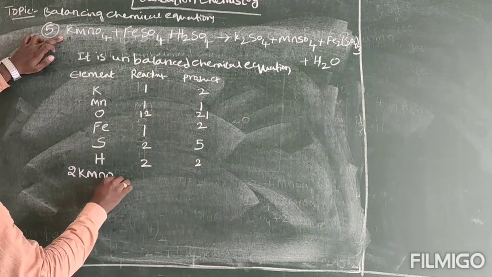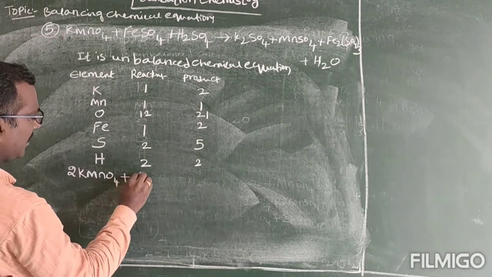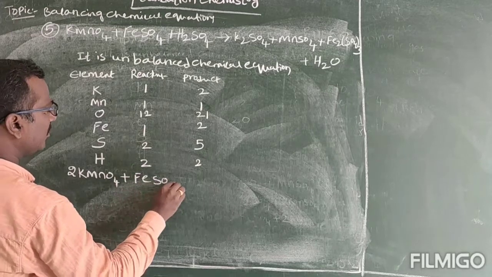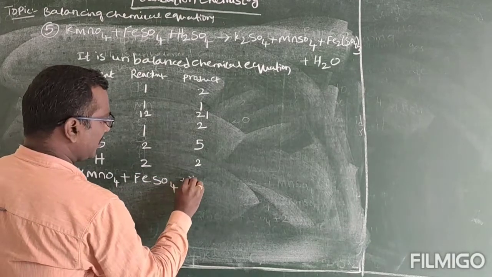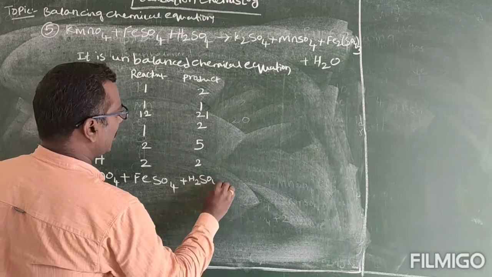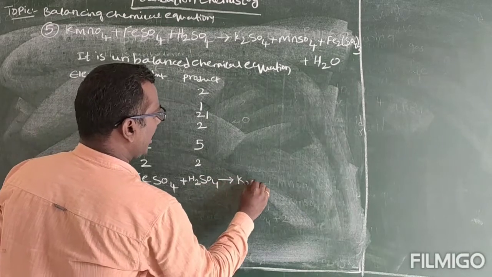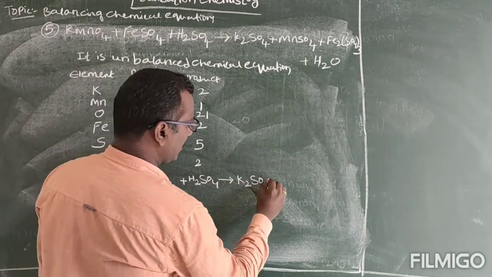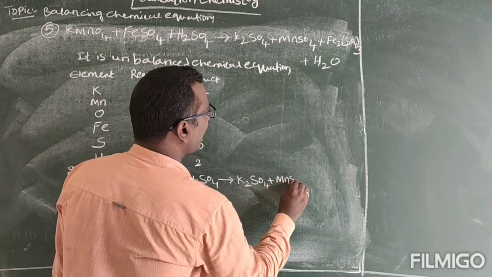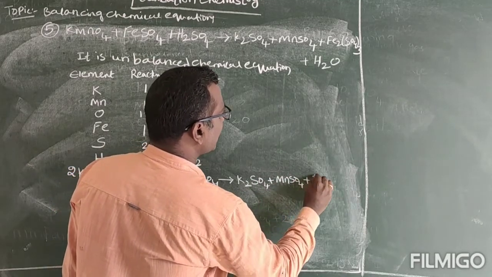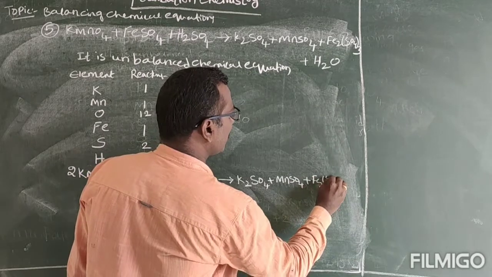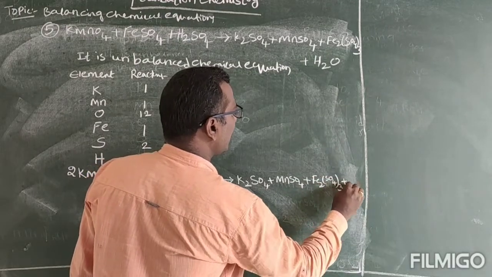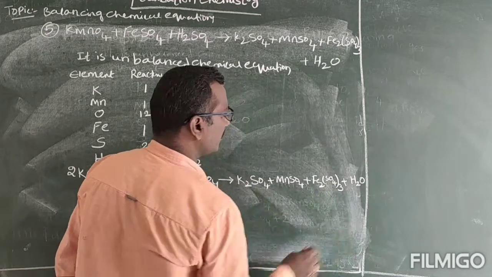2KMnO4 plus FeSO4 plus H2SO4 gives rise to K2SO4 plus MnSO4 plus Fe2(SO4)3 plus H2O.